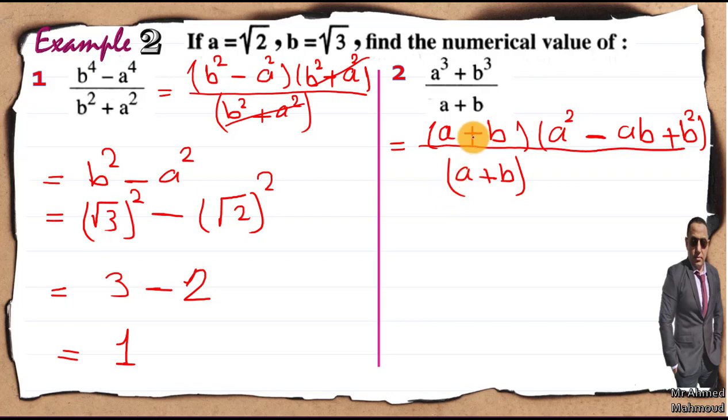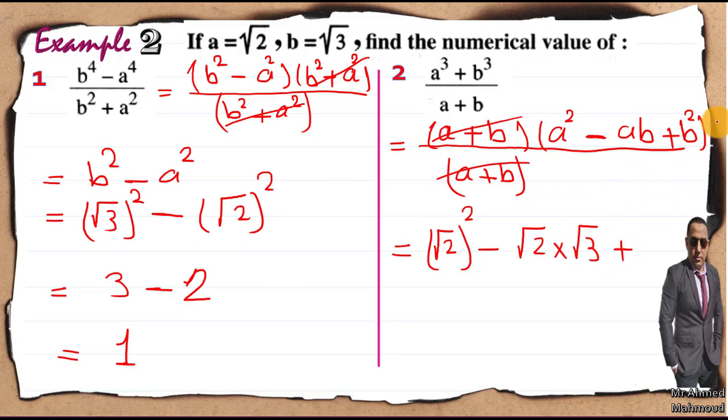Now I have a plus b up and a plus b down. I'm going to cross them together. So this bracket is a remainder. Now I can substitute. In place of a, I will write root 2. So it will be root 2 all power of 2 minus, in place of a, I will write root 2 times, in place of b, I will write root 3, plus, in place of b, I will write root 3 between brackets power of 2.